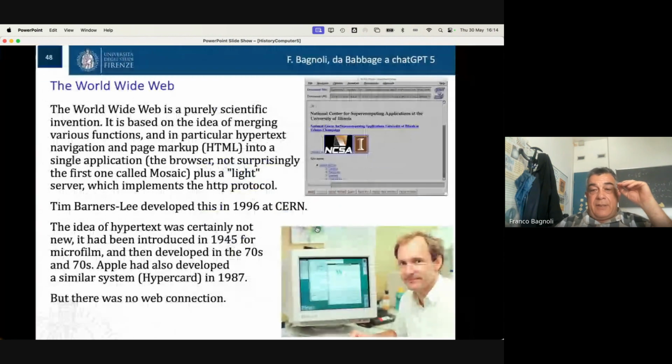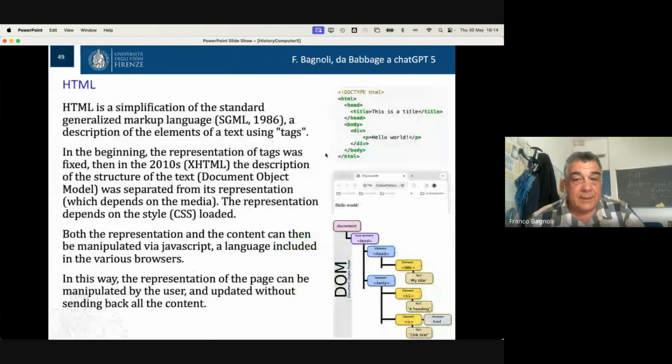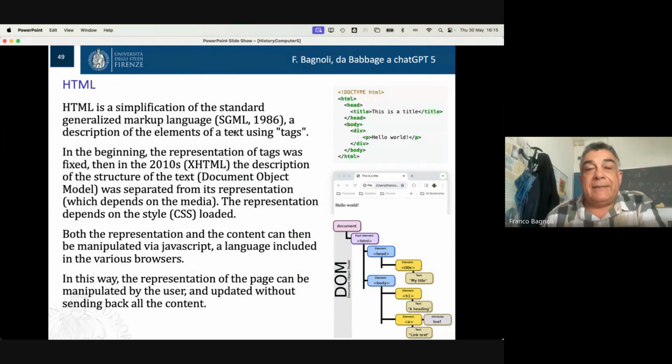And because there were already ways of searching for information, for instance, using the Gopher protocol, but in the end, most of these existing protocols were abandoned, and essentially only HTML with the corresponding server survived. So HTML starts from these generalized markup languages, which are quite older, but they were missing essentially the idea of hyperlink.